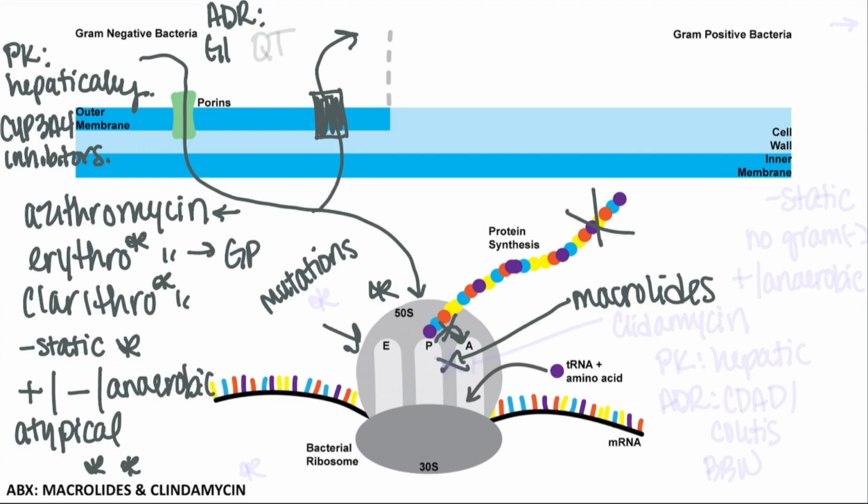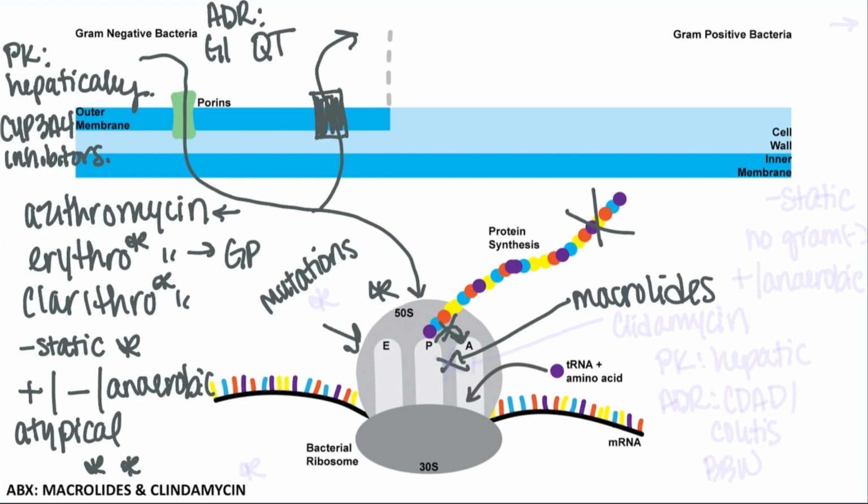So in addition, there is going to be a risk of QT prolongation with these agents. So they're typically contraindicated with other drugs that prolong the QT interval, especially in susceptible populations. So overall, this group of agents is pretty common and clinically useful for a number of infections and atypical pathogens, but again, appropriate use is key to avoid growing resistance.